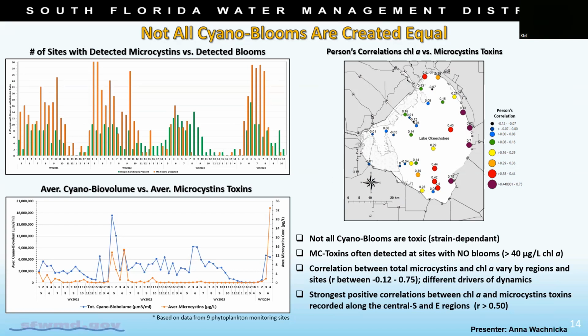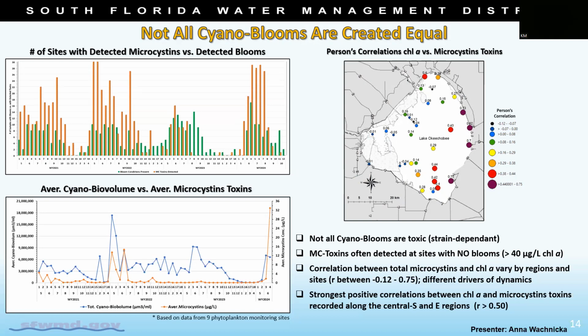So in most cases, we don't have a very good relationship between toxin concentrations and chlorophyll A concentration. However, that will also depend on which region we're looking at. Here's the map. I just did a simple Pearson correlation between the toxins and chlorophyll A. You can see that the northwestern region, which has really intense blooms, tells you that even though chlorophyll A is increasing, it can be high, the increase in chlorophyll A will not necessarily mean that we will see an increase in toxins.